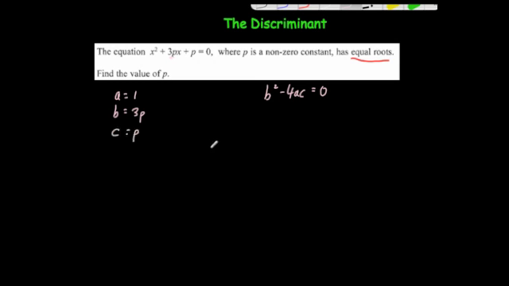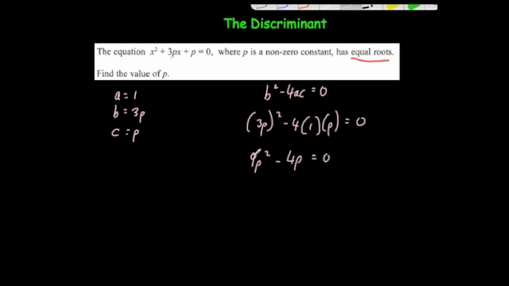So what we get is b squared, well, it's going to be 3p squared, make sure you put it in brackets, minus 4 times a, which is 1, times c, which is p. And that equals 0. So let's square it. So we're going to get 9p squared, subtract 4p, and that's equal to 0.